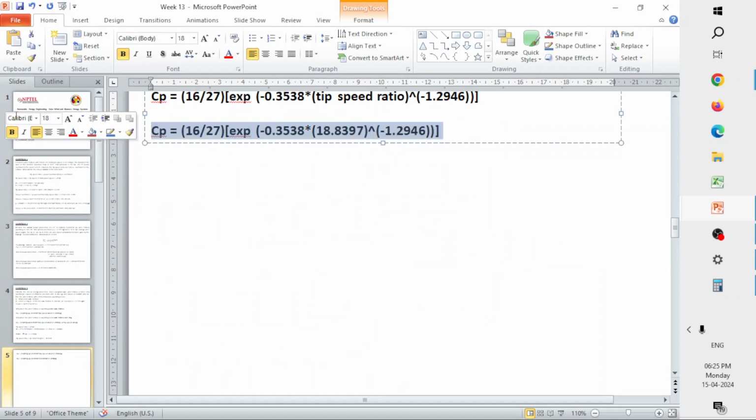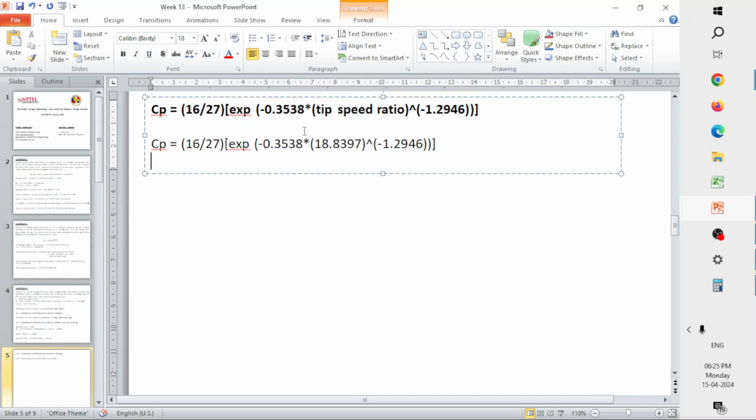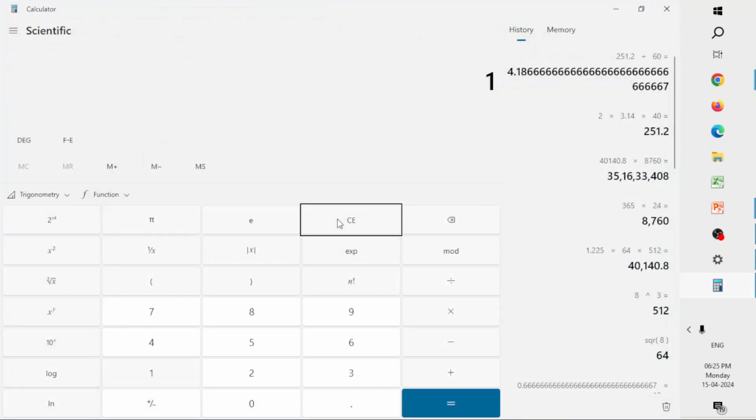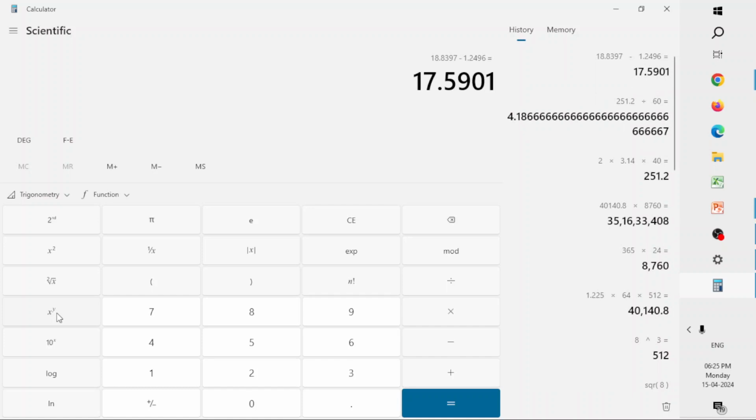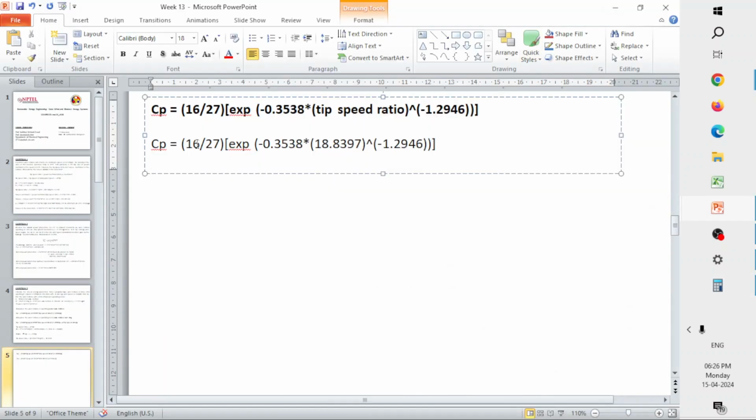So if you just substitute, then what will be the value of Cp? So it's 18.8397 to the power minus 1.2946, times 0.3538. The value we got was 6.2233.